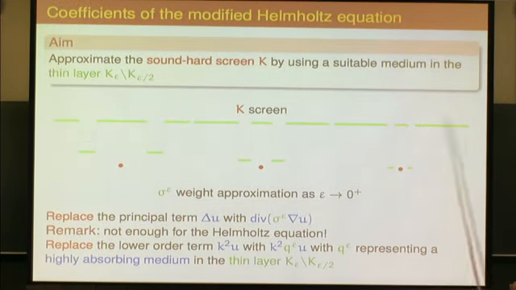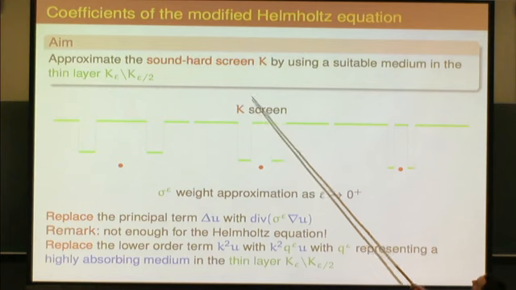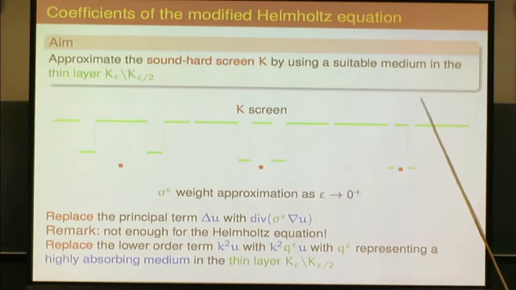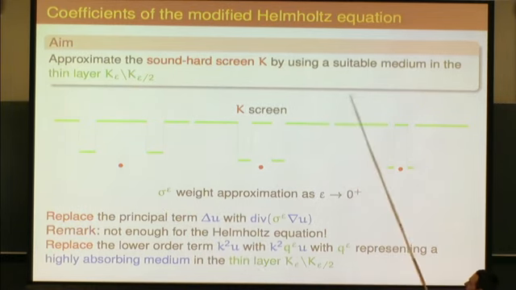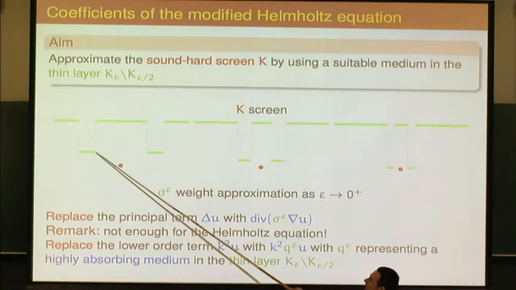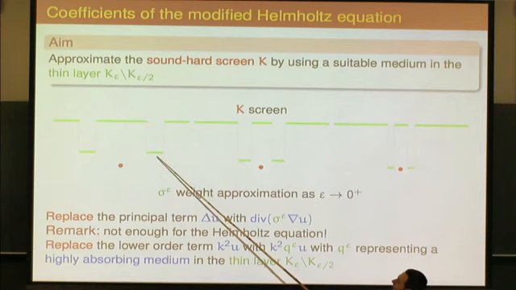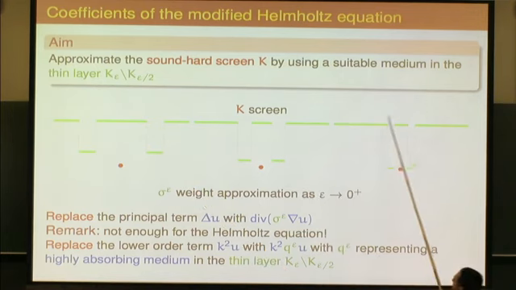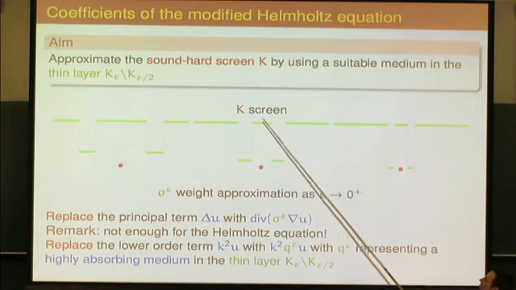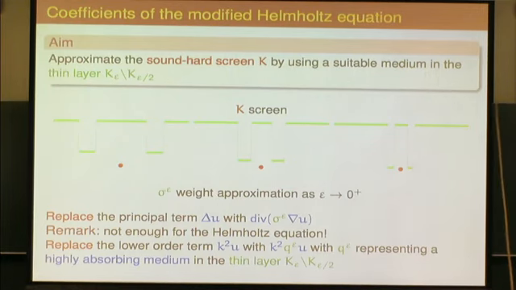And so the idea is the following. You would like to approximate a Sobolev screen by using a suitable medium in this thin layer. As concerns the sigma weight, you can think of this as a cross section. This is a thin layer, going to be thinner and thinner, closer and closer to the screen, and the coefficient is going to be lower and lower. The idea is to replace the Laplacian term with this elliptic equation with coefficient sigma epsilon.